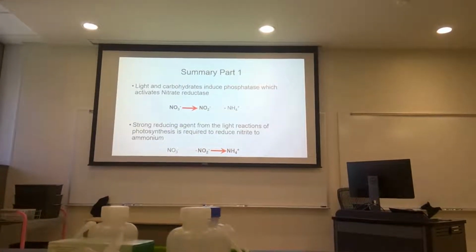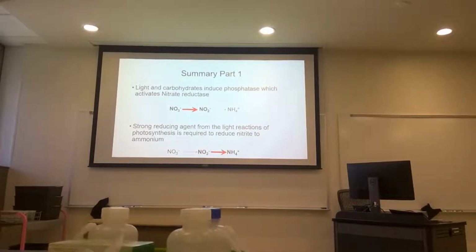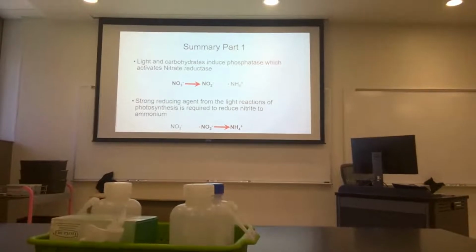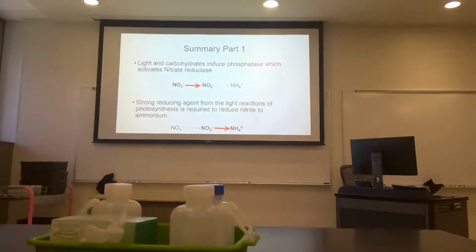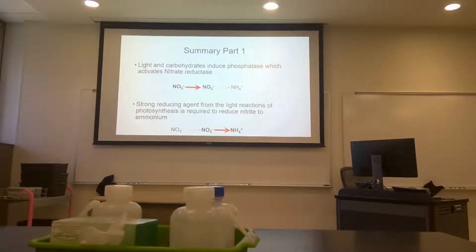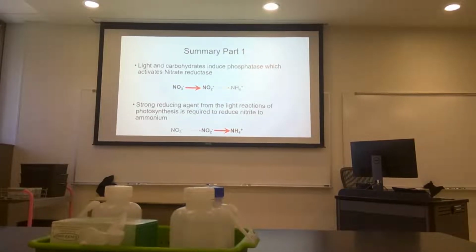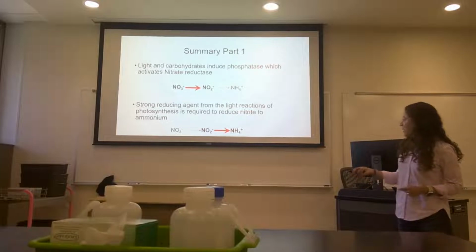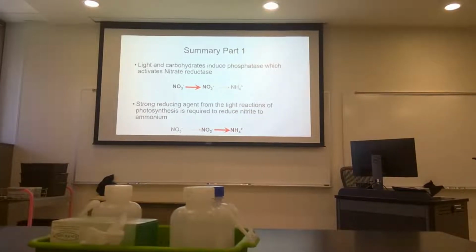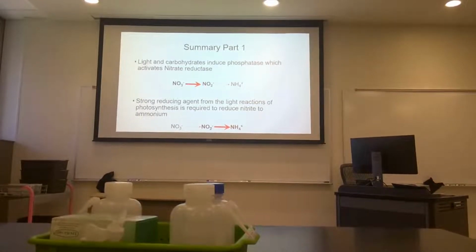So, summary of this part. Light and carbohydrates induce the phosphatase, which activates nitrate reductase, which is this first step that reduces nitrate. A strong reducing agent from the light reactions of photosynthesis is required to take these last steps here. Okay?